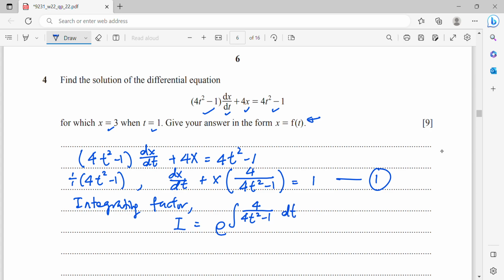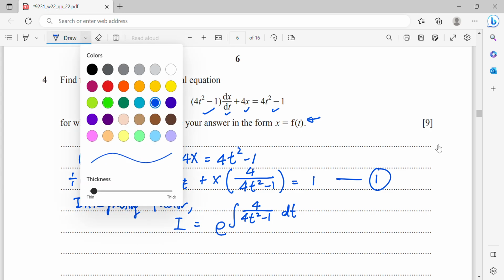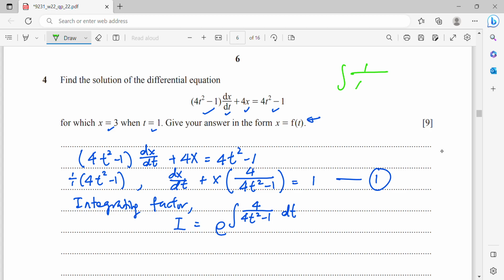Now, when you refer to this integration, the denominator is a quadratic, but the numerator is a constant. You can refer to the formula list, the integral of 1 over (x squared minus a squared) dx. This is the formula that I'm going to apply. It will be 1 over 2a ln|(x - a)/(x + a)|.